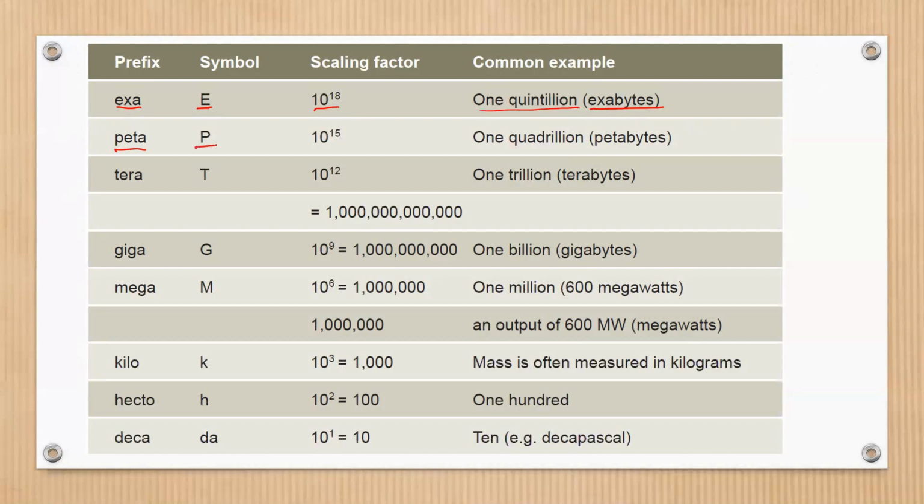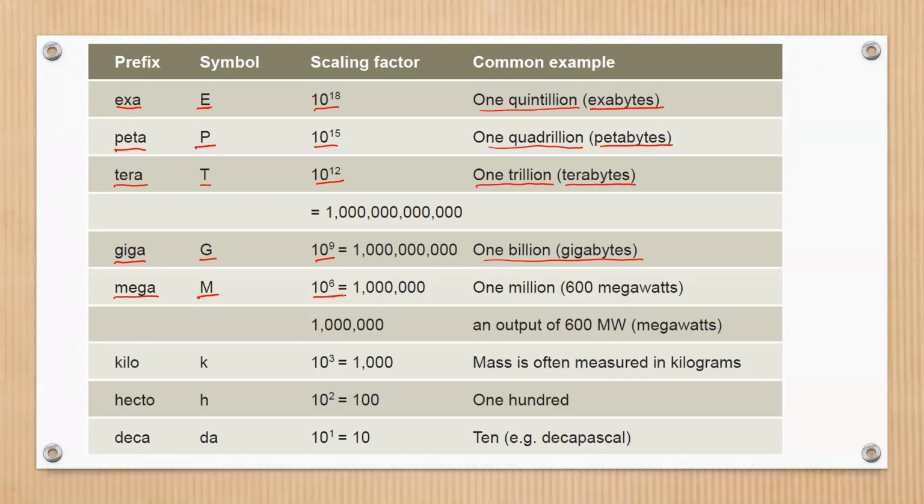Peta, symbol P, 10 to the power 15, 1 quadrillion petabytes. Tera, T, 10 to the power 12, 1 trillion terabytes. Giga, G, 10 to the power 9, 1 billion gigabytes. Similarly, mega, symbol M, 10 to the power 6, 1 million.